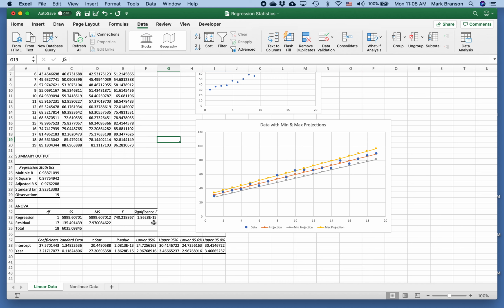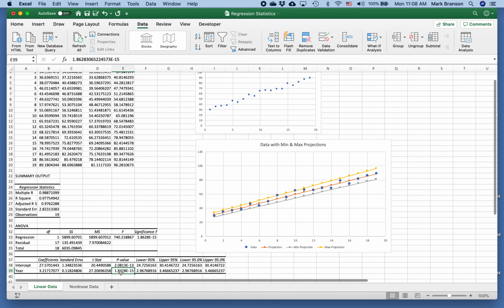Okay? You can also see down here where we got our coefficients. So remember, this gives us our intercept, our B, and our M. We have a t-test that we've done, the t-statistic. That's gotten us a p-value. So the one that we're interested in here is the one for the variable year.